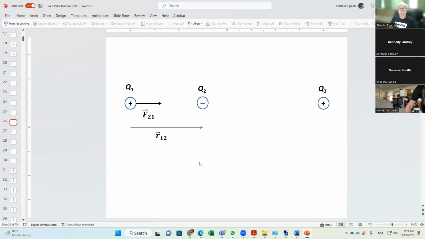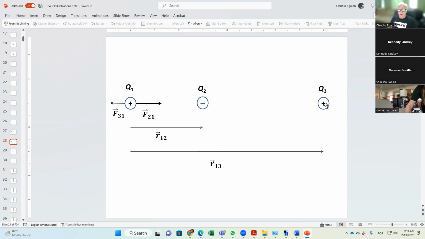If we place a third charge further away, those forces are going to sum up vectorially, exactly the same way that we did in mechanics. We have this vector position from 1 to 3, and because the two charges have the same sign, we are going to have a repulsive force.